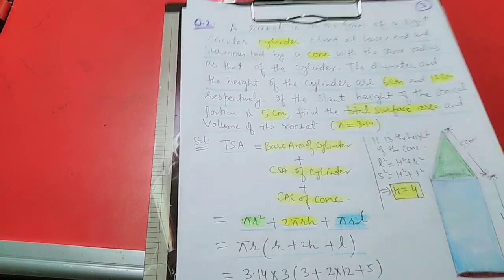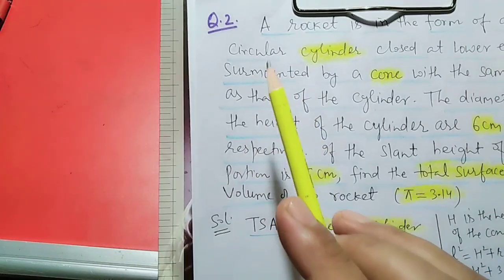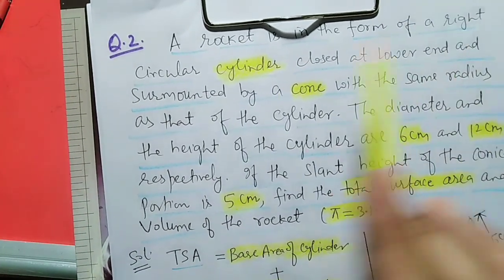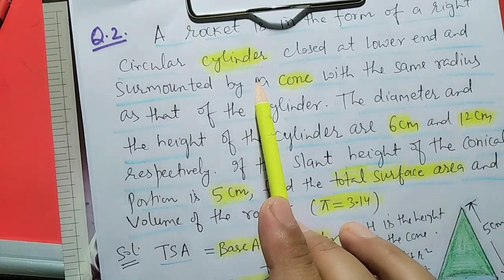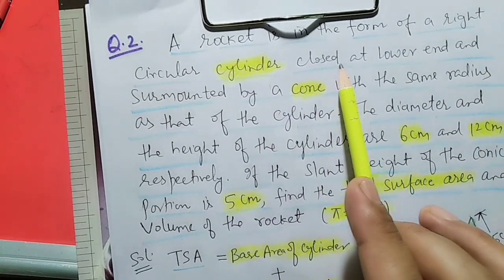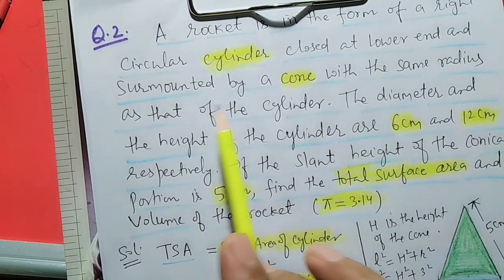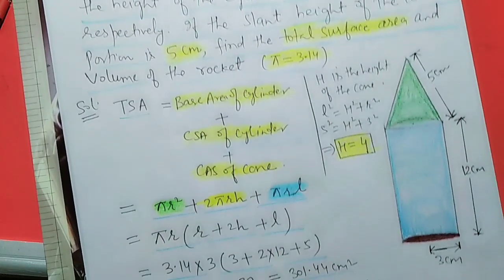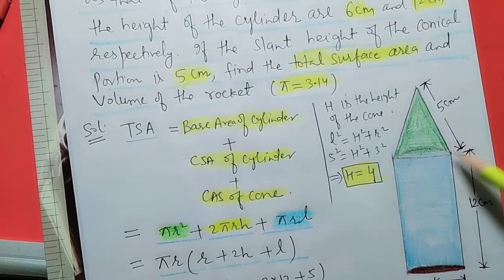In this question it is given that a rocket is in the form of a right circular cylinder at the lower end and surmounted by a cone. So this type of figure we are having. This is a type of rocket.